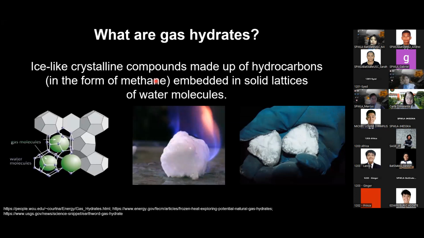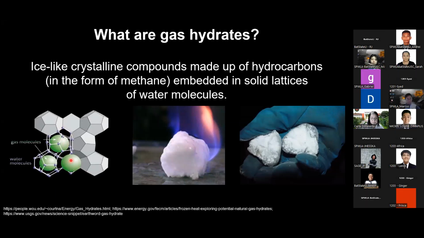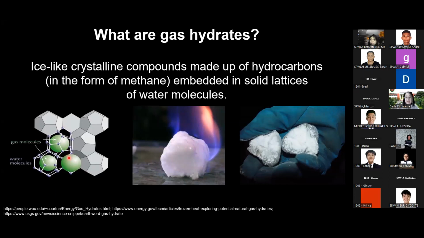So these green circles that you see in the drawing on the left are the gas molecules, specifically methane, and they are typically embedded or encaged in solid lattices of water molecules. These white or gray things are the water cages, where the methane molecules are encased.